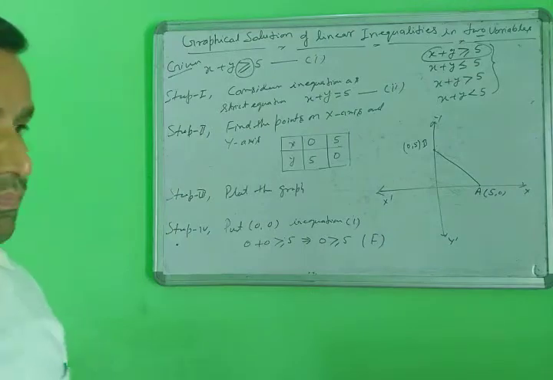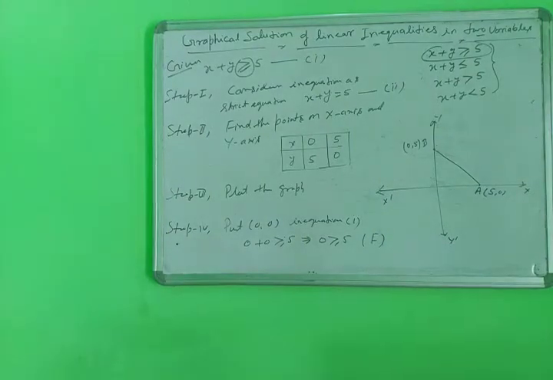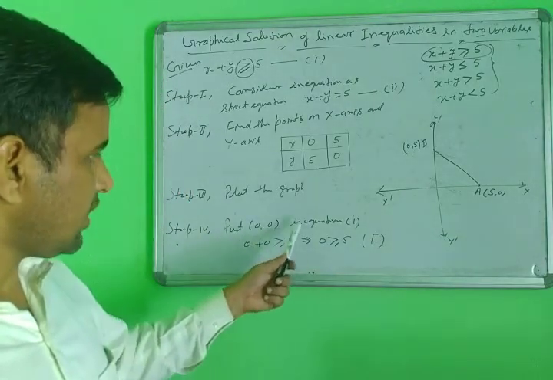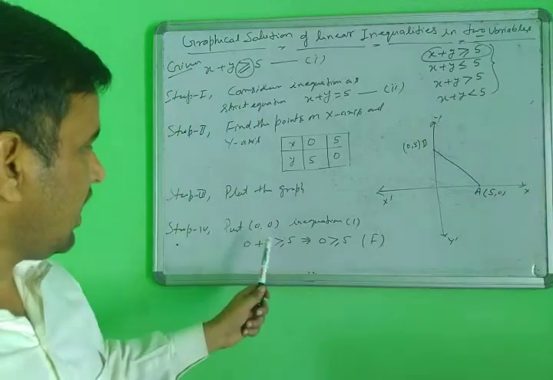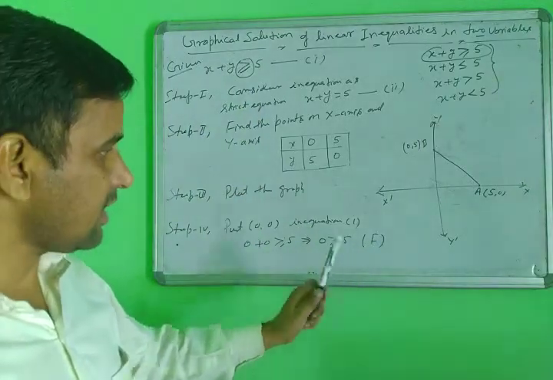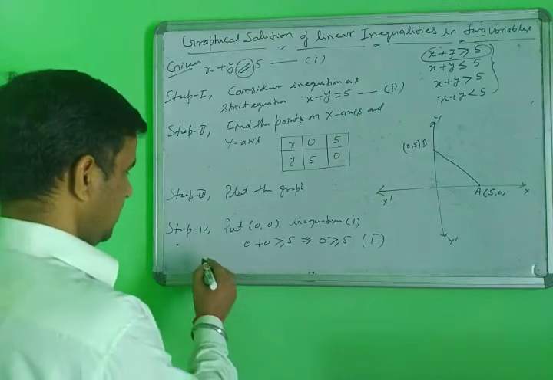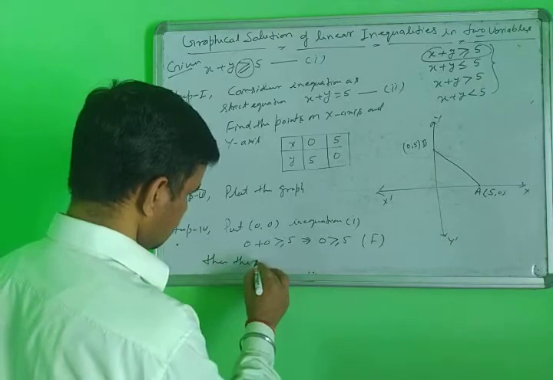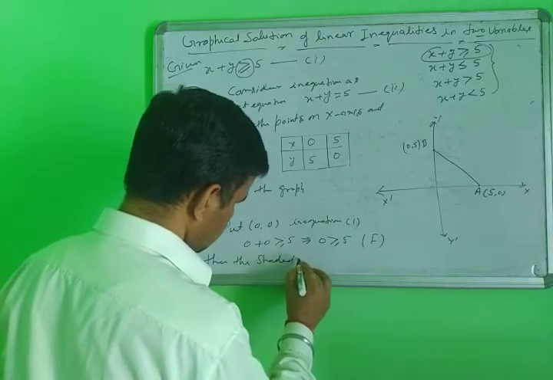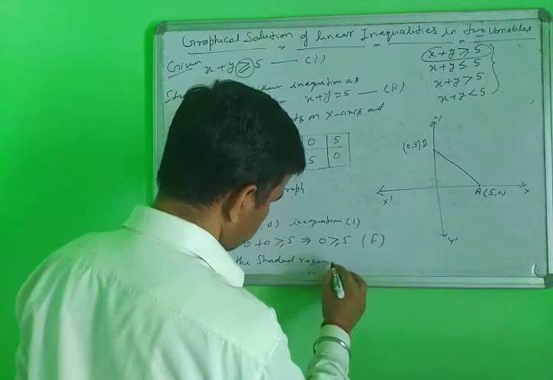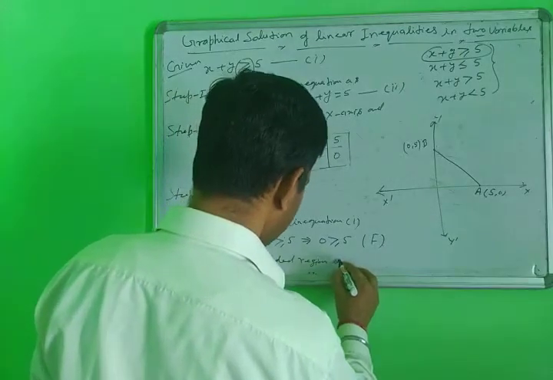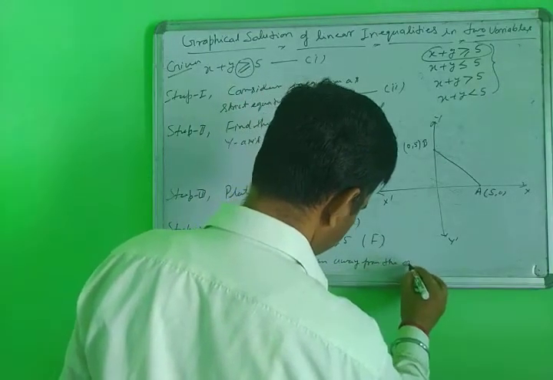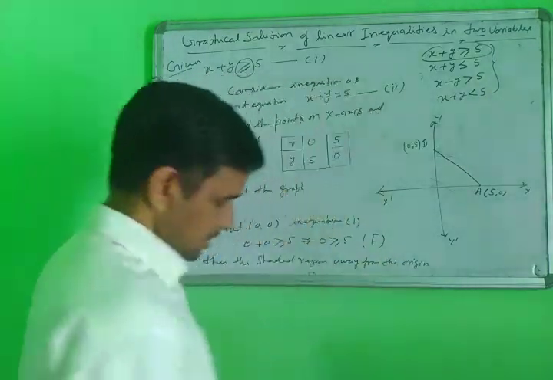Yes students, suppose you are putting 0, 0 in the inequation first, and the result comes false. Then you can say this shaded region is away from the origin. Here are two conditions.